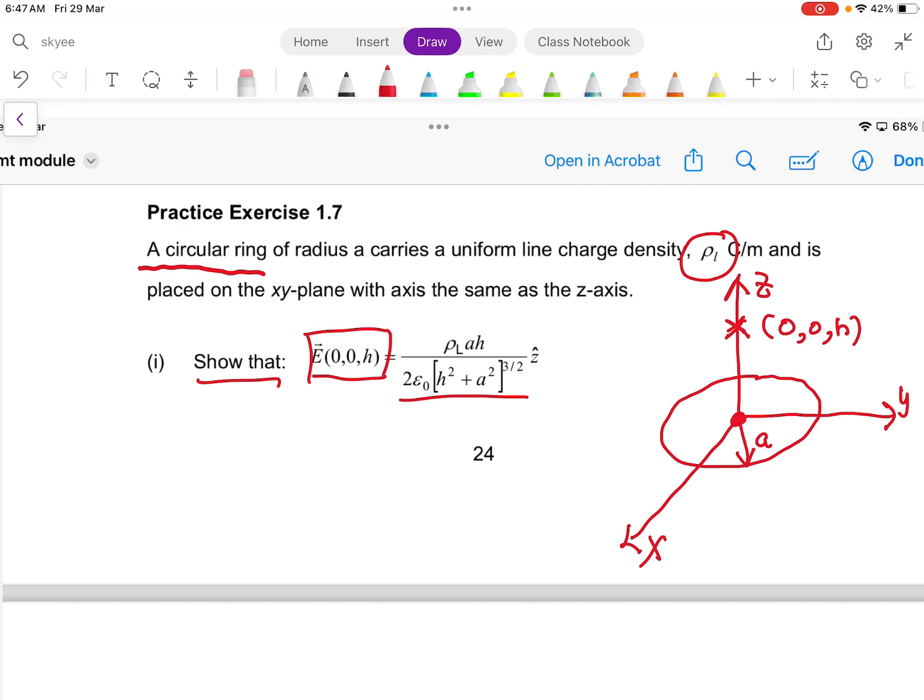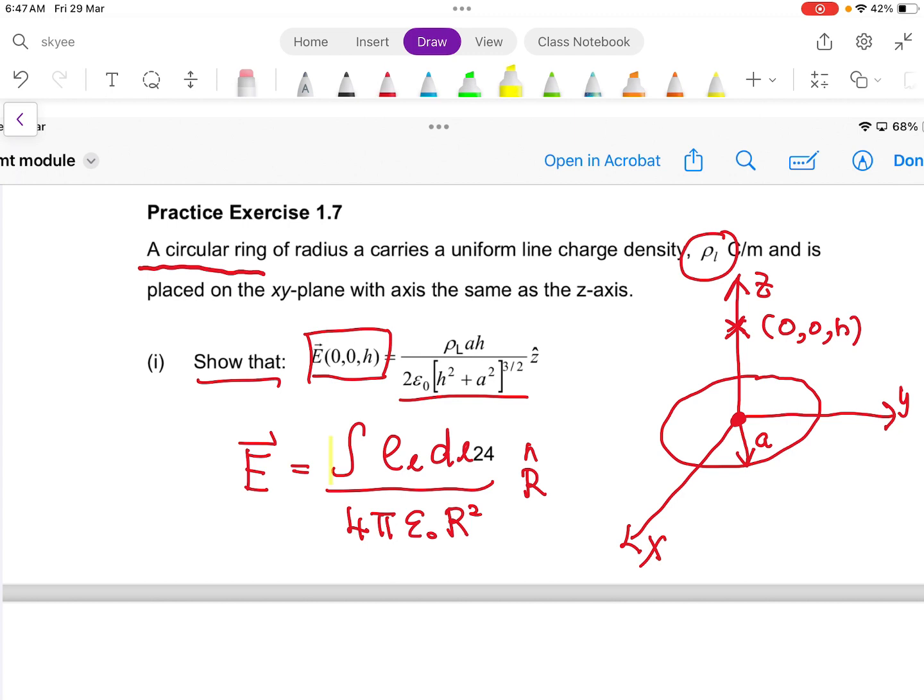You have to derive from the equation E equals the integral of rho L dL over 4 pi epsilon naught R square, times R. The term over here is equal to Q. The derivation shows how this equation transforms to become the one here.